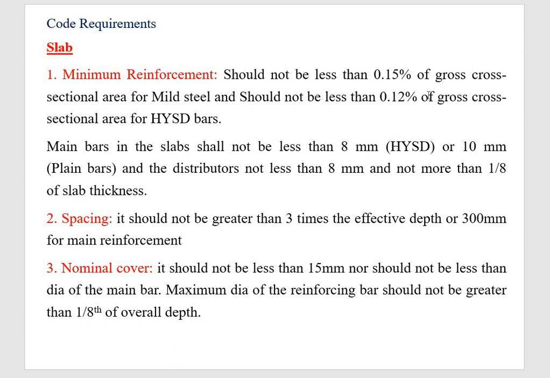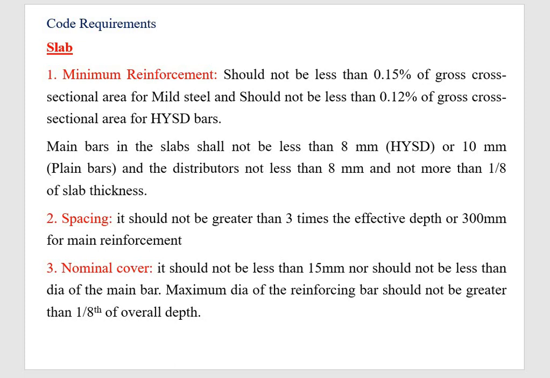So for 1 meter length, concrete will be considered, and then for that 1 meter length we will calculate the cross-sectional area according to the depth of the slab, and there will not be any width in the slab. So keep it in mind, we assume a 1 meter strip and calculate like that. So for a 1 meter strip, how much reinforcement should be provided for mild steel?